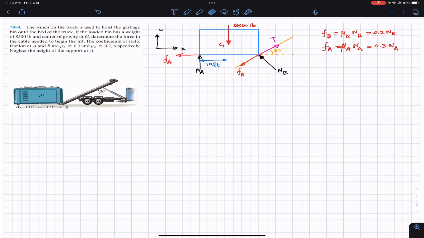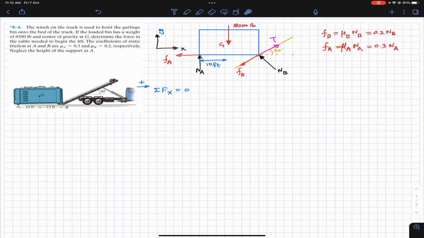Now, since we are going to apply the equilibrium conditions, first of all we apply the summation of forces along x equals 0, and this is our positive x direction. To apply this equation, we have to resolve all the forces along the x and y directions. This is my positive x, this is my positive y.